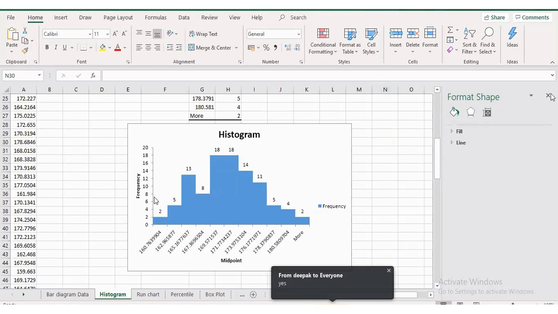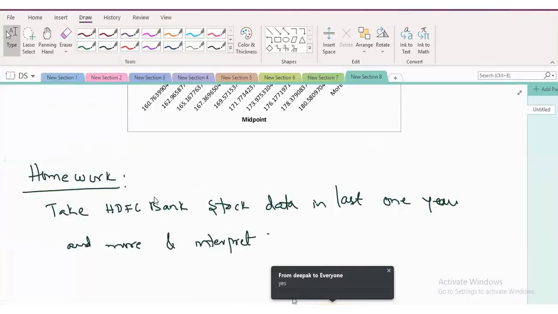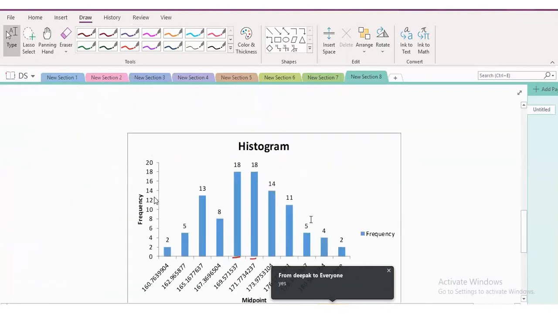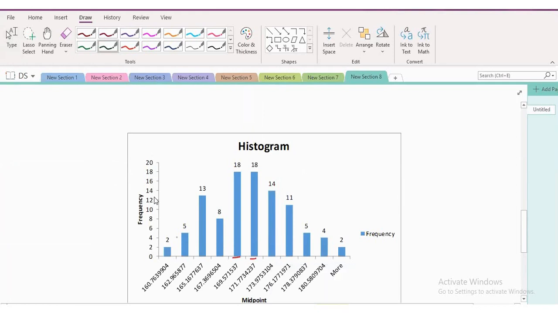Very powerful. Now going forward, I may not draw these bars. Let me do that for you. I'll take the midpoints, all the midpoints. I'll connect all these midpoints with a smooth curve.